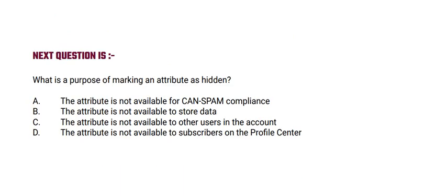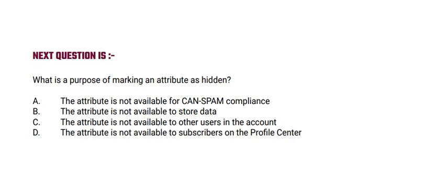Next question is, what is a purpose of marking an attribute as hidden? Options are option A, the attribute is not available for CAN-SPAM complaints. Option B, the attribute is not available to store data.